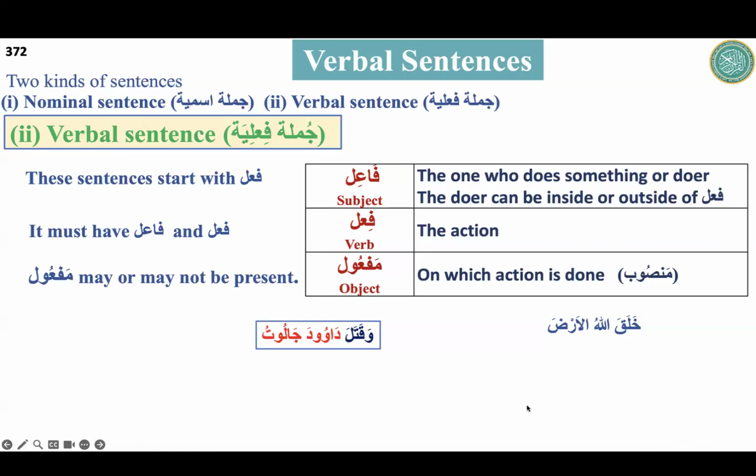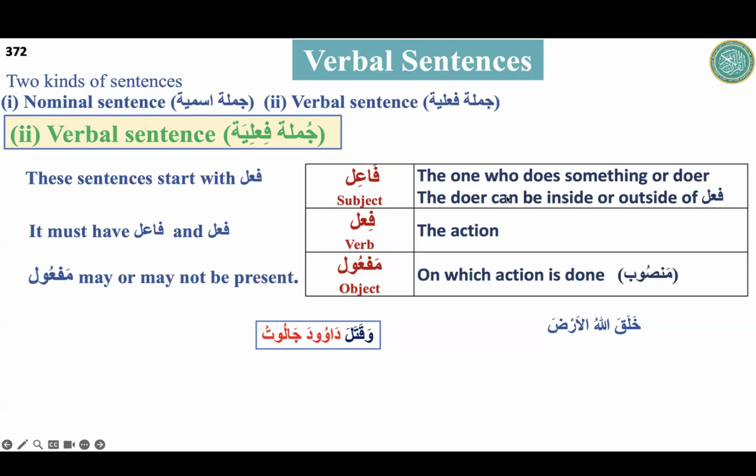Abdullah. Yes. Okay, can you please tell me what type of sentence it is? Assalamu alaikum. Verbal sentence.